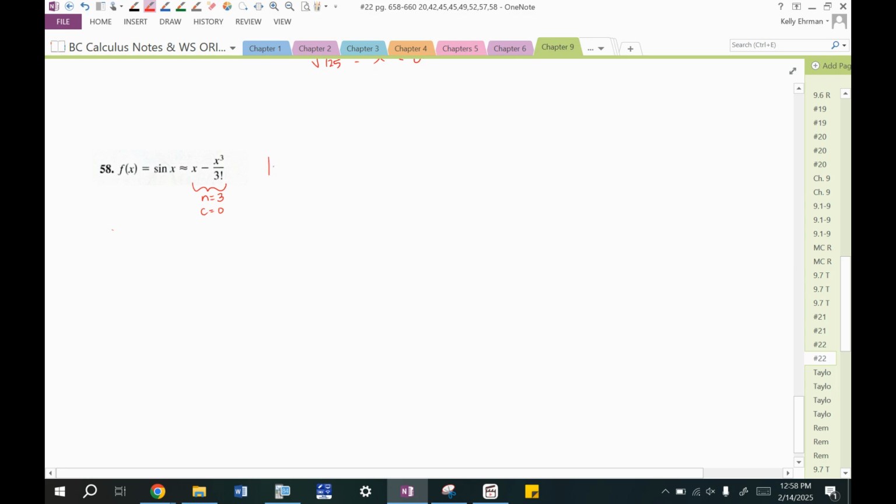So this is saying we want to know what x values make the error bound between sine x and your third order approximation at x, which is really just the remainder of that third order polynomial, less than or equal to, again, we're getting fourth order here, times x minus 0, excuse me, to the fourth over 4 factorial.